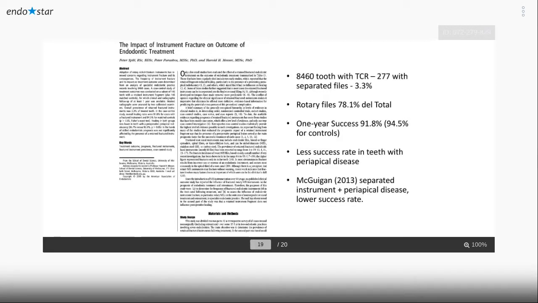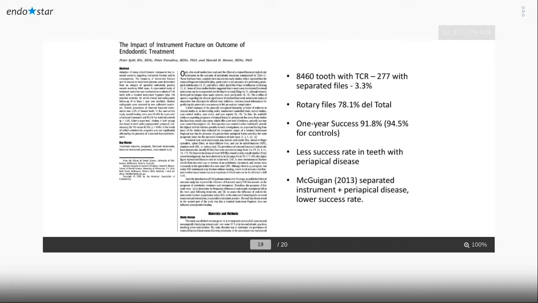This is another scientific article. It was published recently by Spili and is related to broken files as well. They have a very big sample, more than 8,000 teeth with root canal treatments.